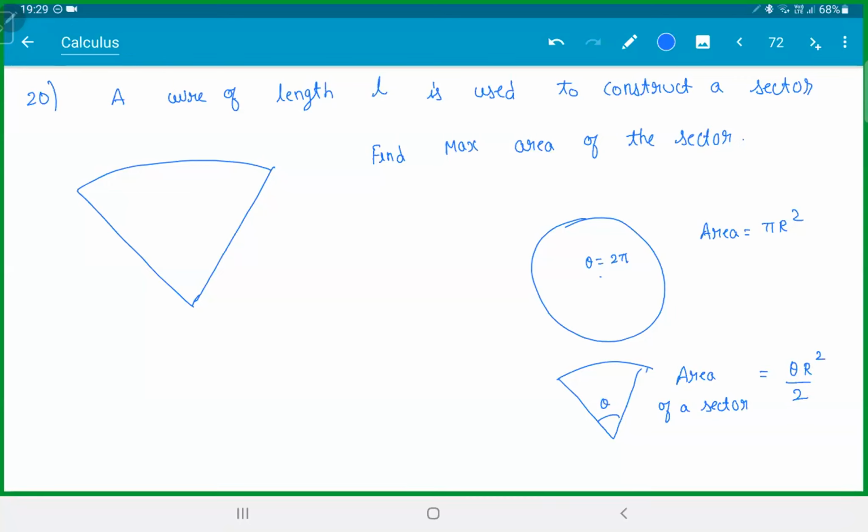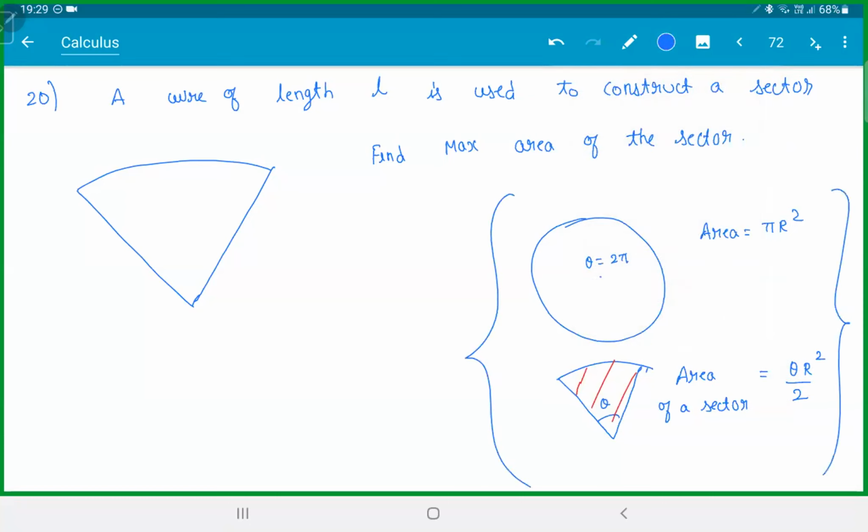That result you need. So the area of a sector is theta r square by 2. If theta is equal to 2 pi, you get a full circle. So in case someone doesn't know the area of a sector, that's how you get that result.